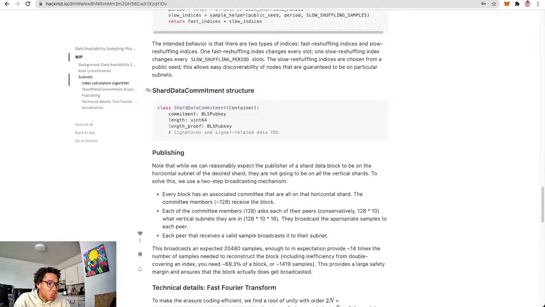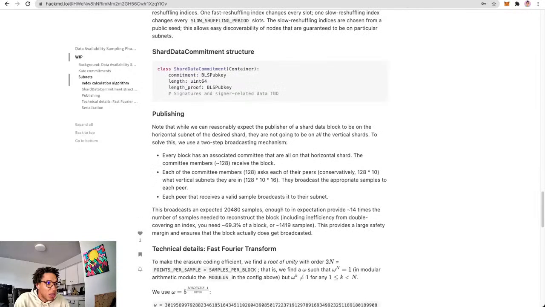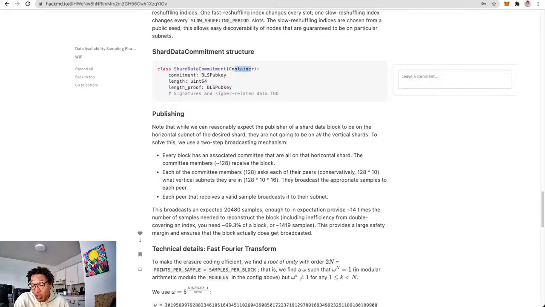Okay. Shared data commitment structure. Class, shared data commitment. Okay, gosh, we're looking at containers now. This is why I hated going through React and JavaScript. We started talking about classes and containers and I was like, what are you talking about? Because every programming language names all these things differently. I cannot wait till we have one global programming language.